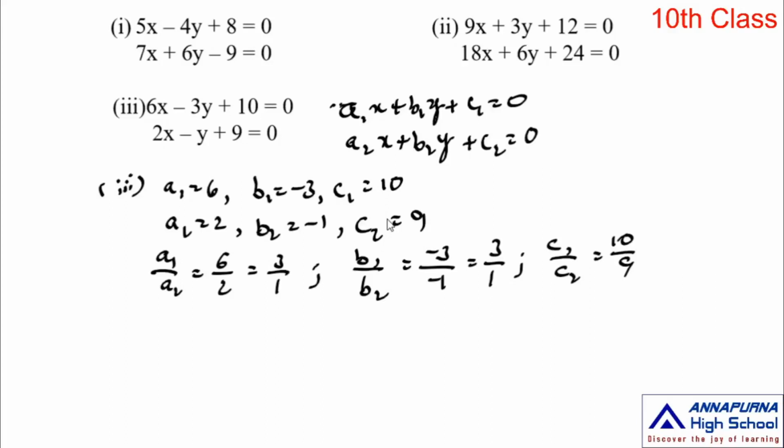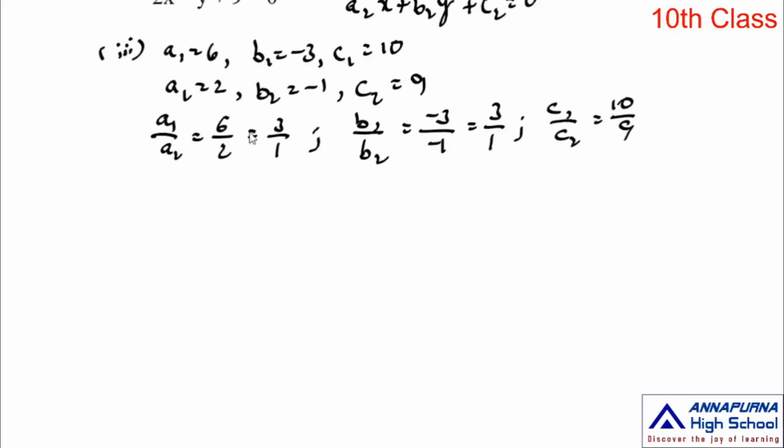By comparing these three ratios, A1 by A2 is equal to B1 by B2 is not equal to C1 by C2. So what is the graphical representation of this? Yeah, parallel lines.